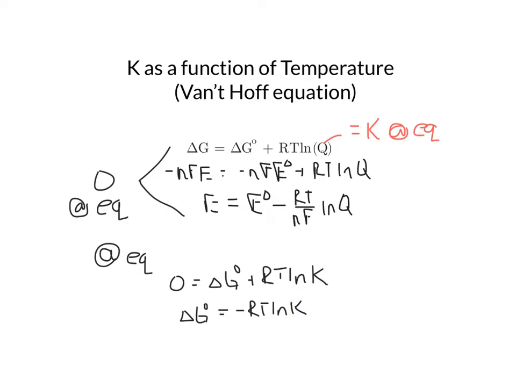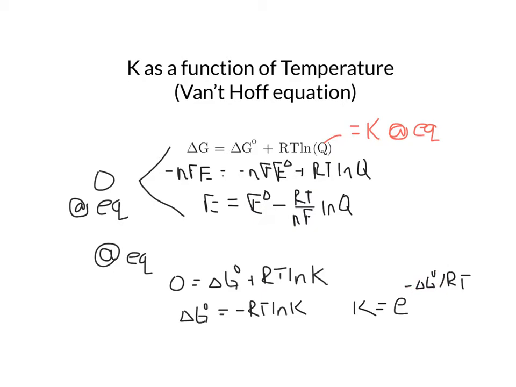And when we do that, we end up with K is equal to e to the minus delta G naught divided by RT. So K is a function of temperature, and it's not only a function of temperature through the fact that temperature shows up here in this equation, it's also a function of temperature because delta G itself is also a function of temperature.